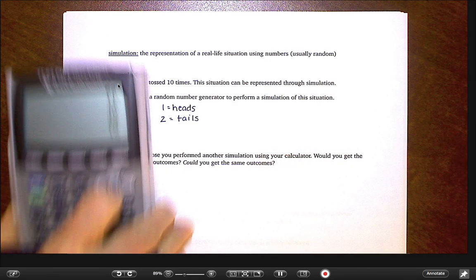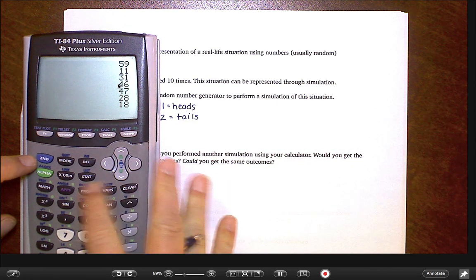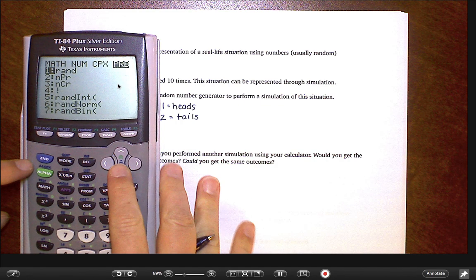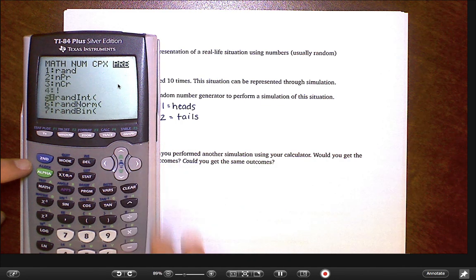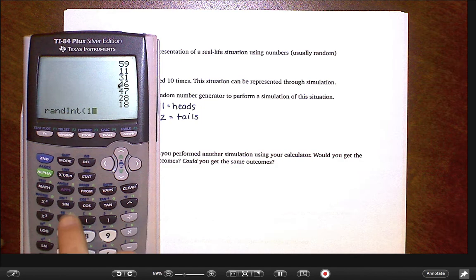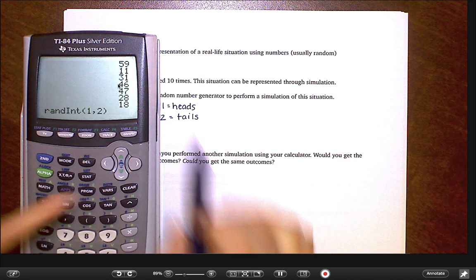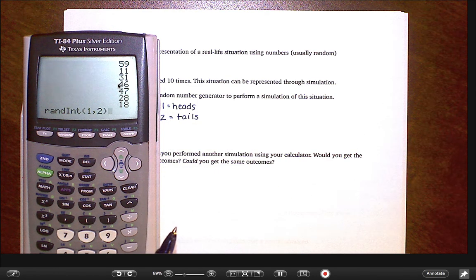So I'm going to use my random number generator. So math, probability, random integer, but this time I'm going to have it choose between just 1 and 2, okay? And I'm tossing this coin 10 times again, so that means I'm hitting enter 10 times. So that would be heads, tails, heads, tails. That's not feeling very random. There we go, okay?